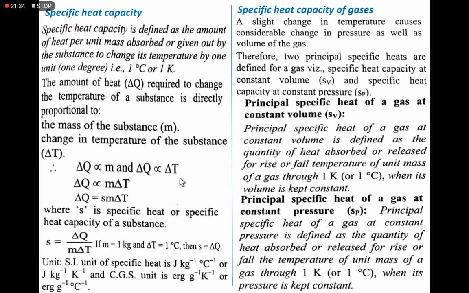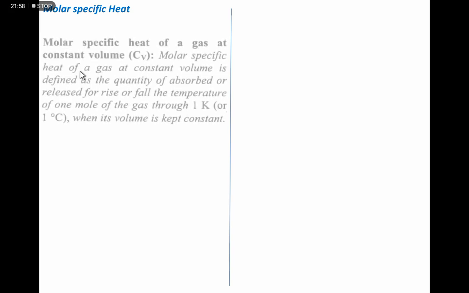Now two more definitions are the same, that is molar specific heat. Molar specific heat and specific heat, there is a simple difference. Instead of unit mass we have to write 1 mole of the substance. So we can write the definitions, it is very easy.